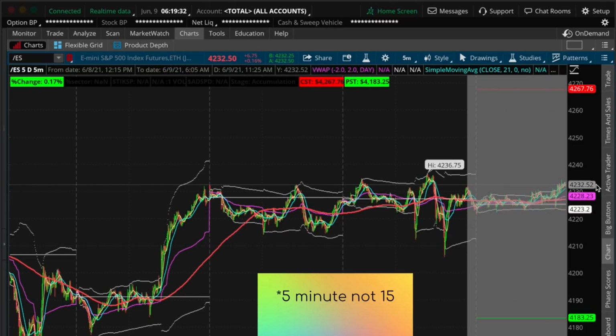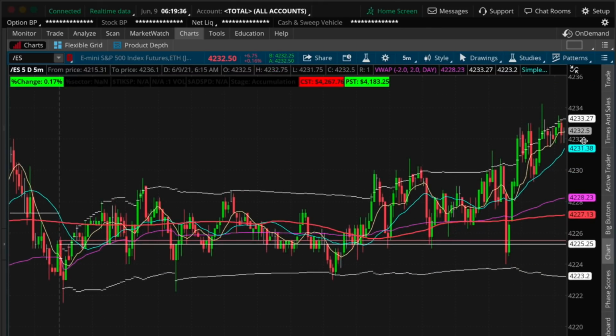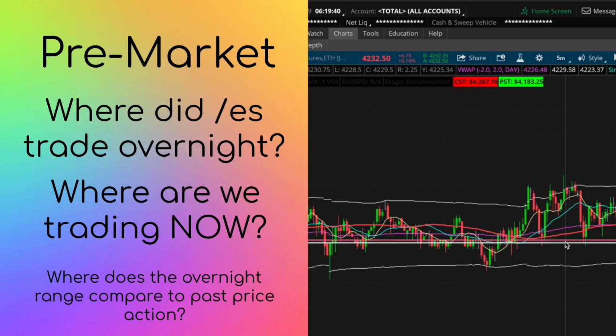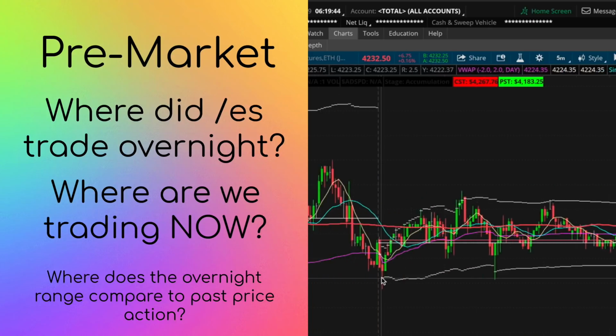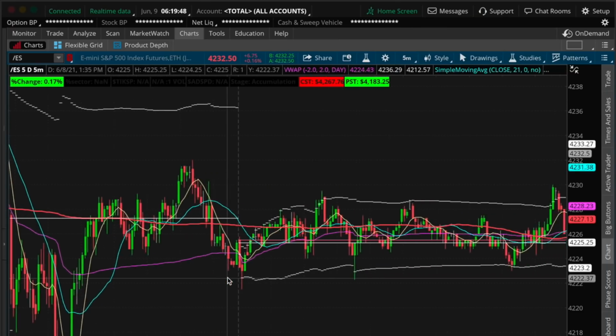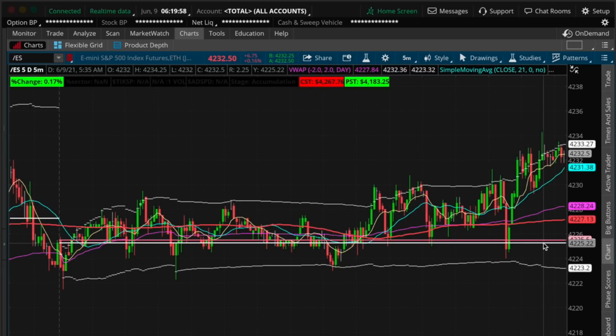I'm basically looking to see what the overnight activity looked like and where we are trading now in relation to the overnight activity, what this range looks like in comparison to price action toward the left. Are we in balance? Are we out of balance? And I'm making a bullish or bearish determination based on this information and opening morning price action.